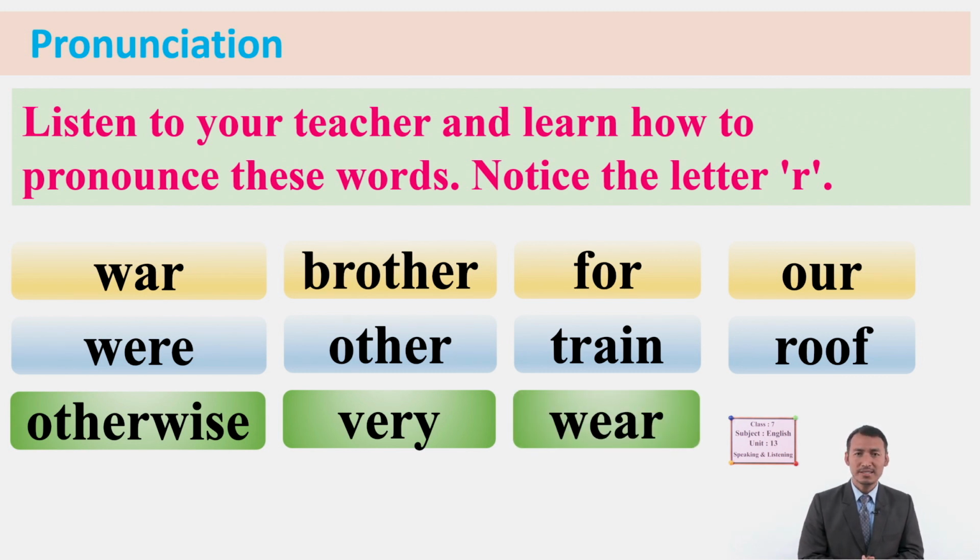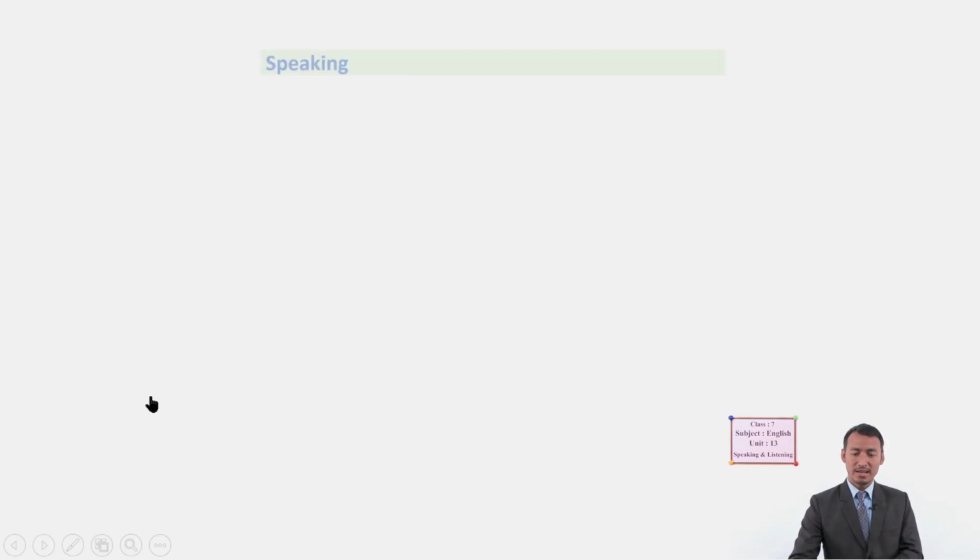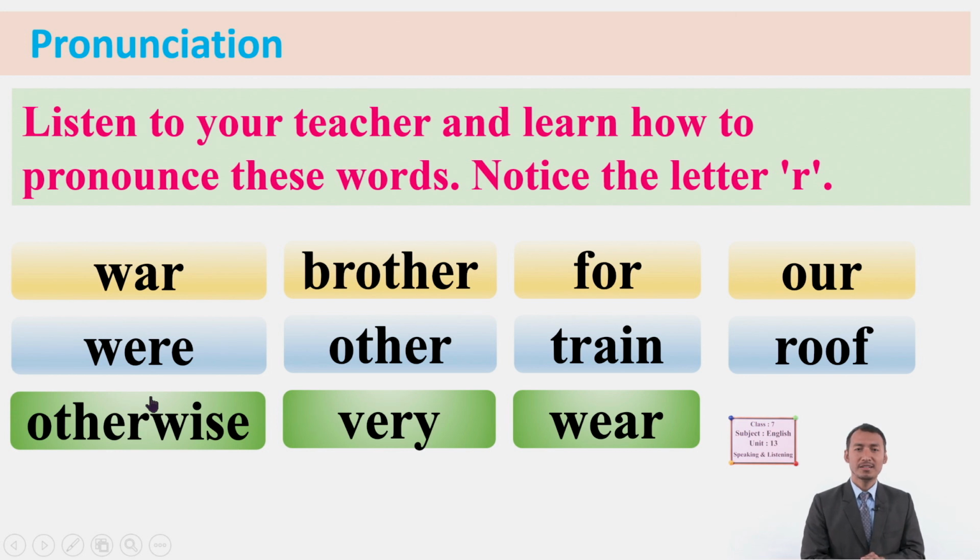Did you notice that the letter R, which comes at the beginning or in the middle, has been pronounced clearly? For example, for this word here, R-O-O-F, roof, this is pronounced fully, with the R sound. But for the word for, we don't say the R sound.